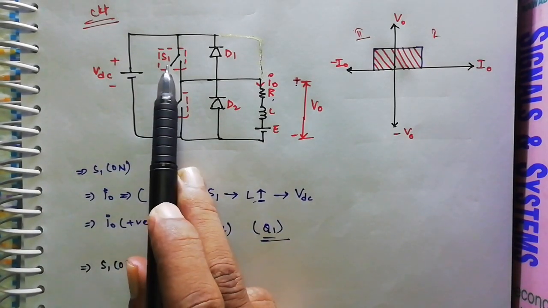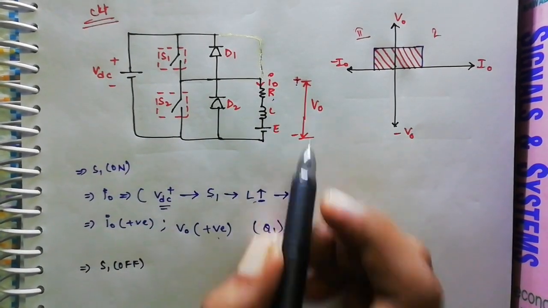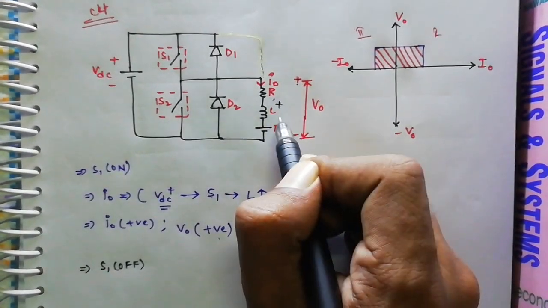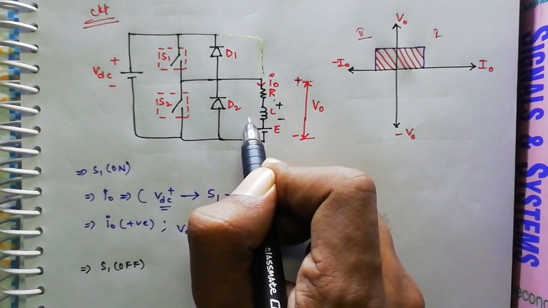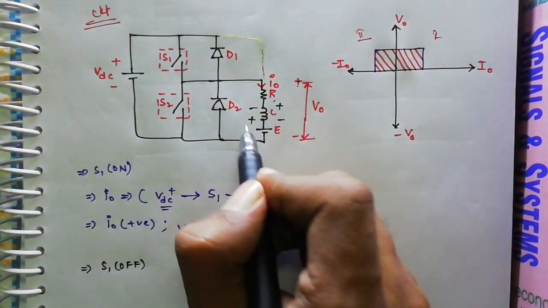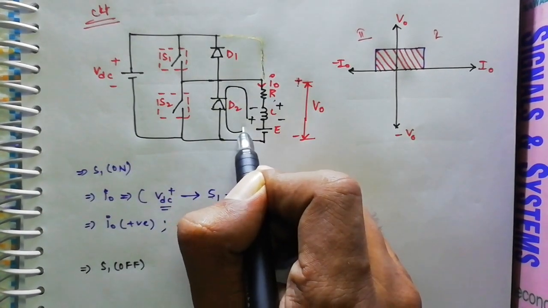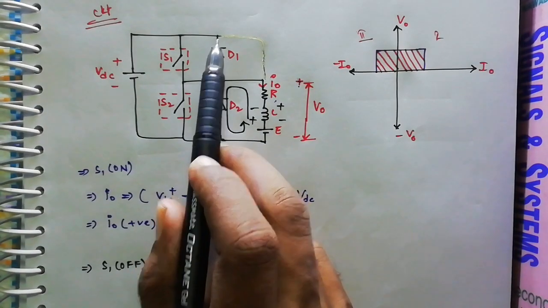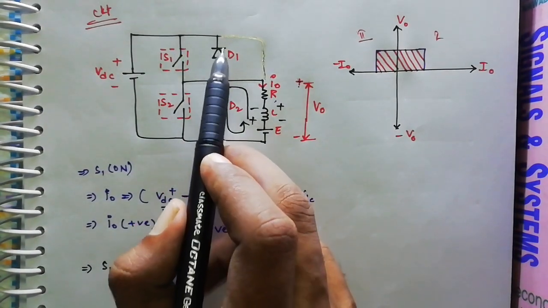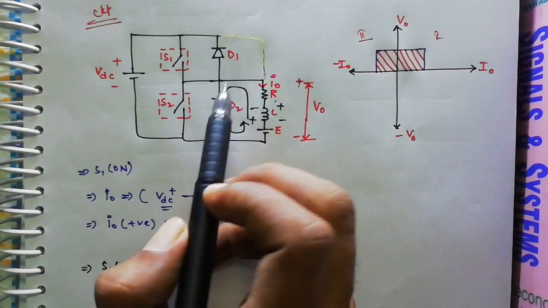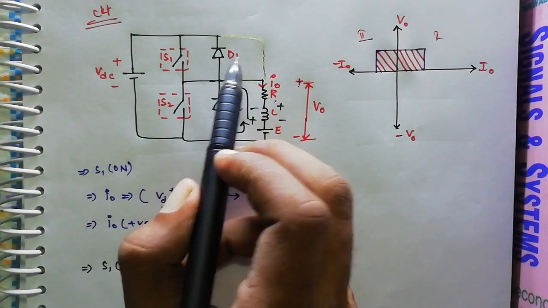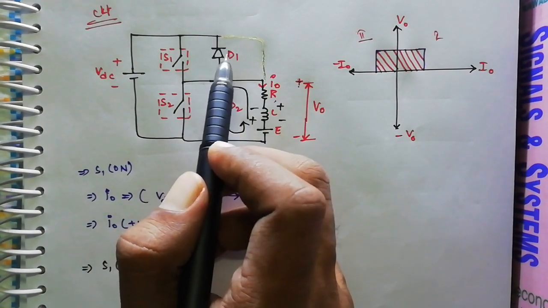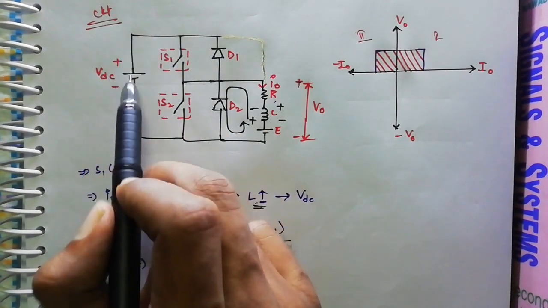Now let us understand when S1 is in the off position. The inductor got charged in the previous case, so in this way it will discharge. My discharging current will flow in this particular loop, because it won't go through the other path: there the diode would be in forward bias, but there is an opposition force.